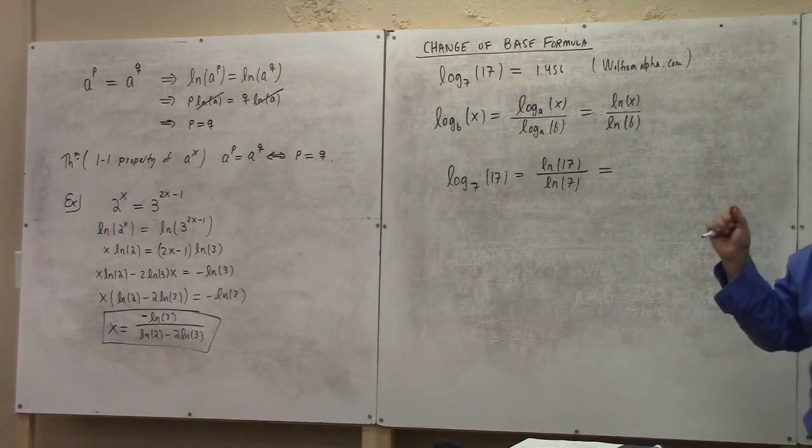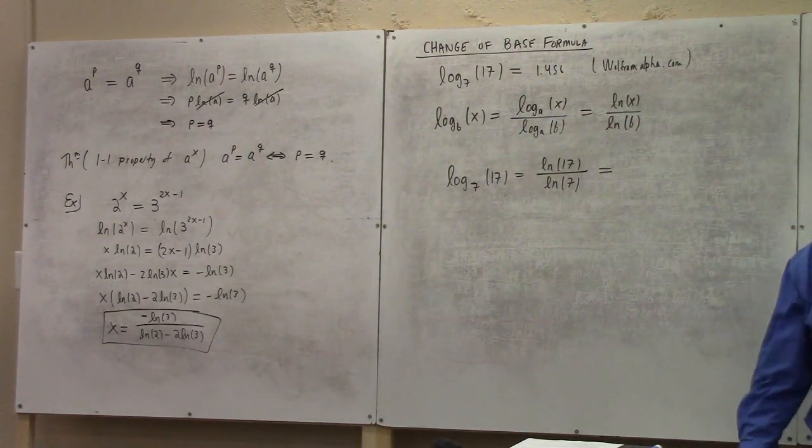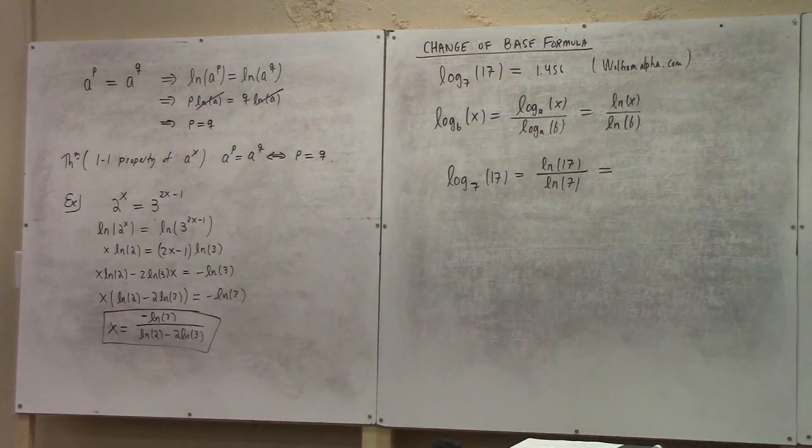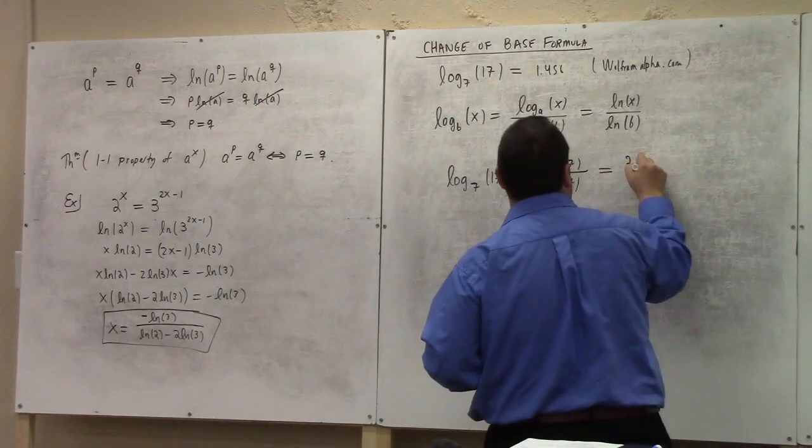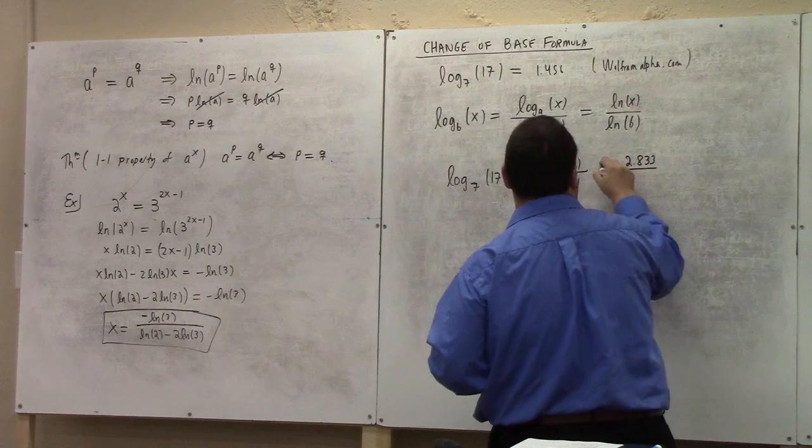It should be easily accessible, right in front of you. So natural log of 17 is 2.833, roughly speaking.